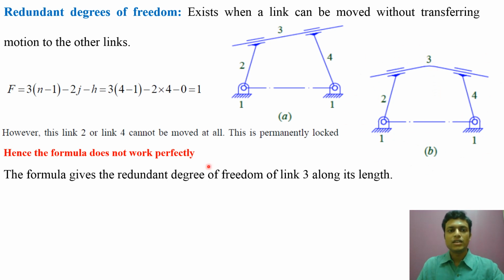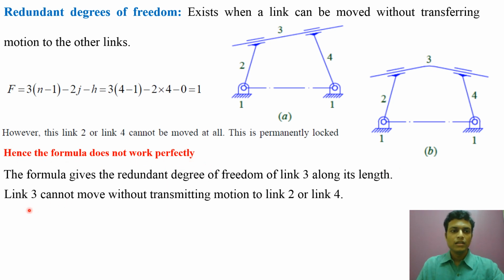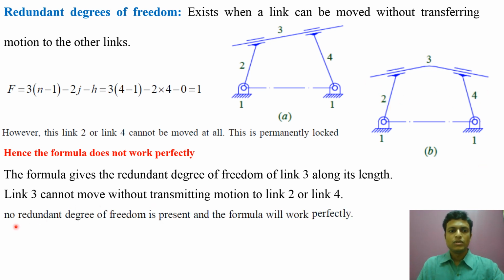So here the formula works perfectly. In this mechanism too, link 3 cannot be moved without transferring motion to link 2 or 4. No redundant degrees of freedom are present here and the formula will work perfectly. So this mechanism will have 1 degree of freedom.